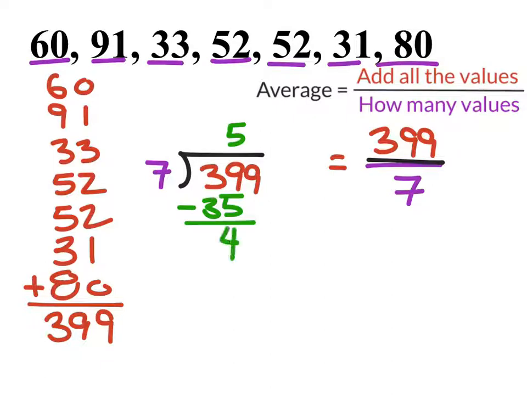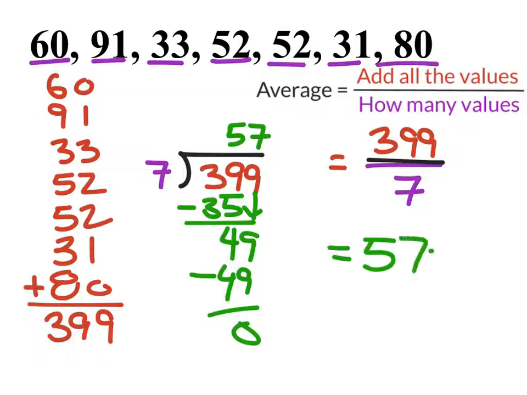So we subtract that and get 4, drop the 9, 7 goes into 49 7 times. So we have 0 remaining on that one. So it means that the answer is 57 would be the average of those numbers. And we don't need to label this because we don't know what these numbers are representing. But this is our final answer of 57.